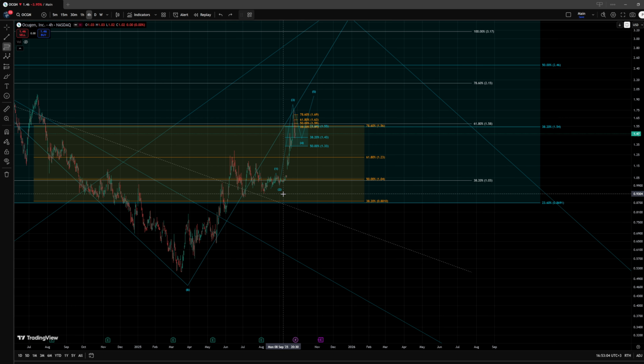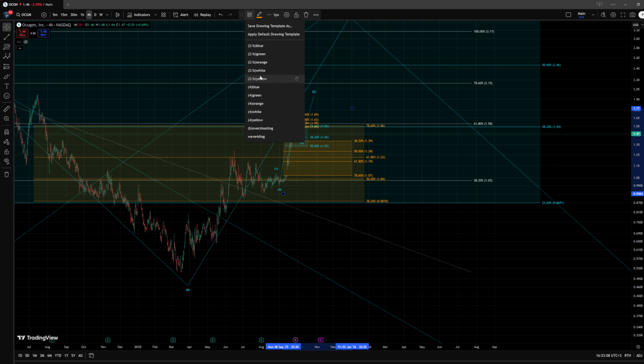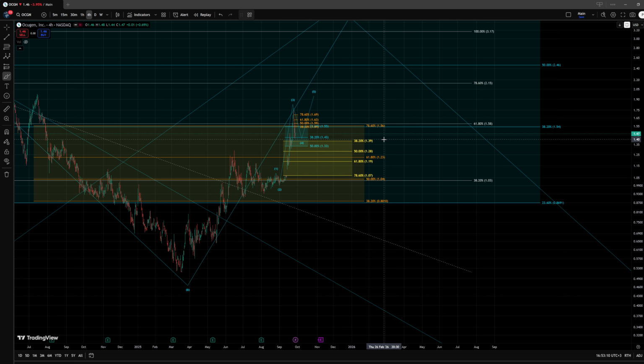And in that case, I don't know, let's use the yellow interpretation for a wave 2 that would allow a retracement from the $1.4 level for this interpretation down to the $1 level.